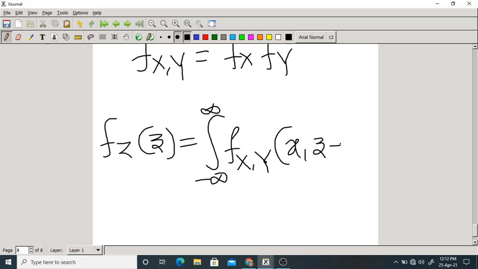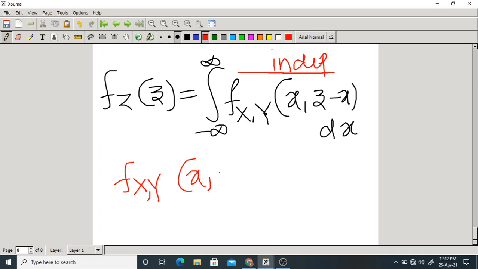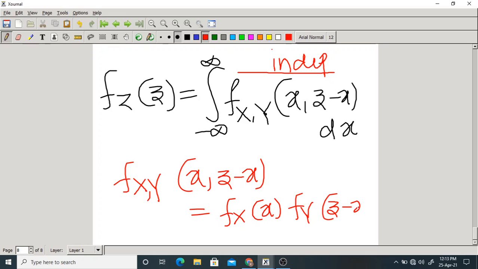X minus z minus x dx. Now since x and y are independent, what can you write? f of x comma y of x comma z minus x can be written as fx of x into fy of z minus x.